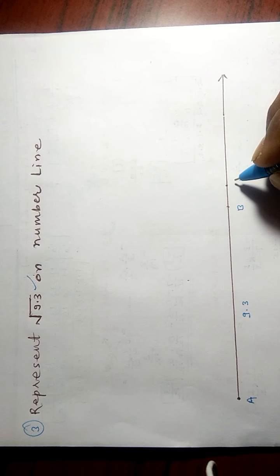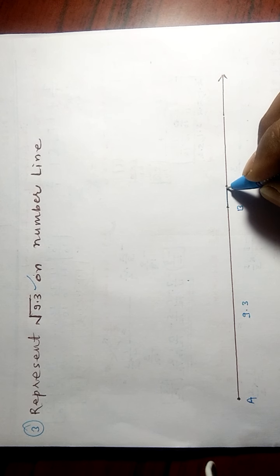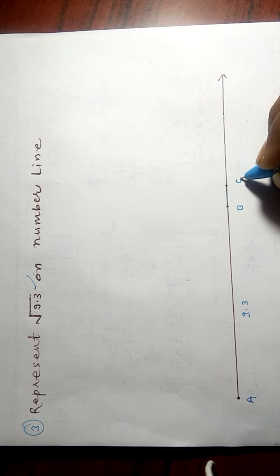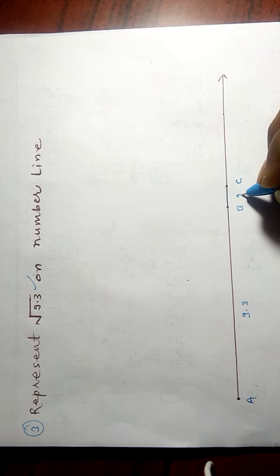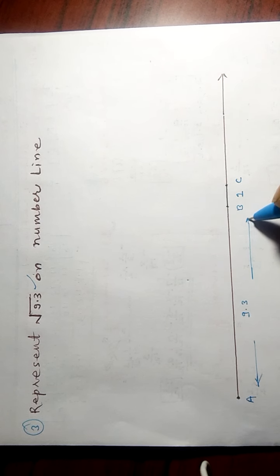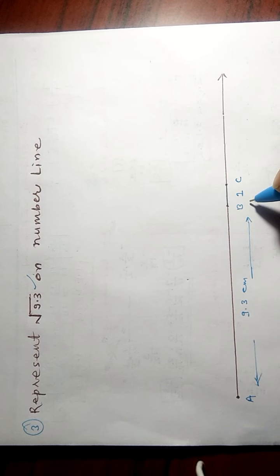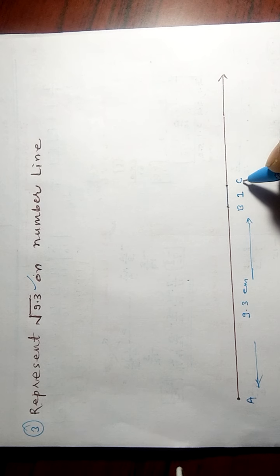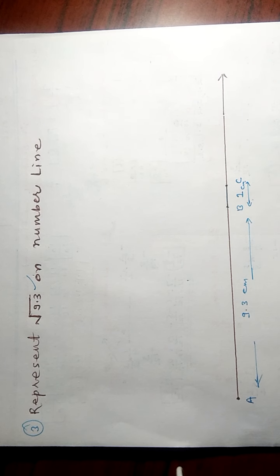Now consider another point just 1 centimeter away from this B, let it be C. So very easy. AB is 9.3 centimeter, and consider another point which is 1 centimeter away from this B. This is your 1 centimeter.